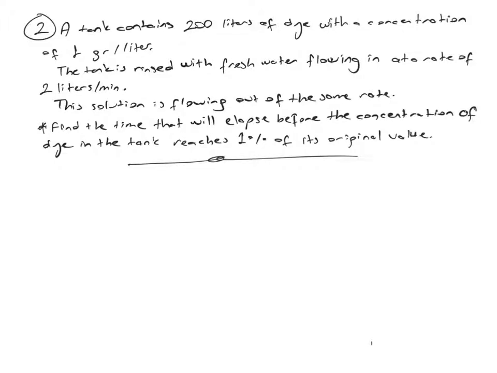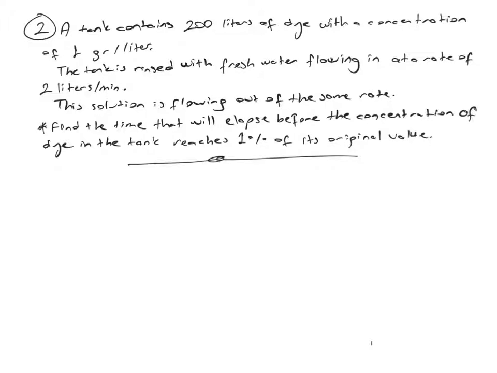In the second question, a tank contains 200 liters of dye with a concentration of 1 gram per liter. The tank is rinsed with fresh water flowing in at a rate of 2 liters per minute. This solution is flowing out at the same rate. We are asked to find the time that will elapse before the concentration of dye in the tank reaches 1% of its original value.